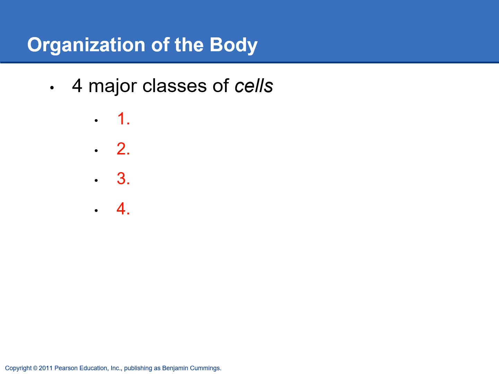All right, so it's very important to memorize the four major classes of cells. We're going to learn about the neurons. And then we'll talk about the muscle cells, and epithelial cells.